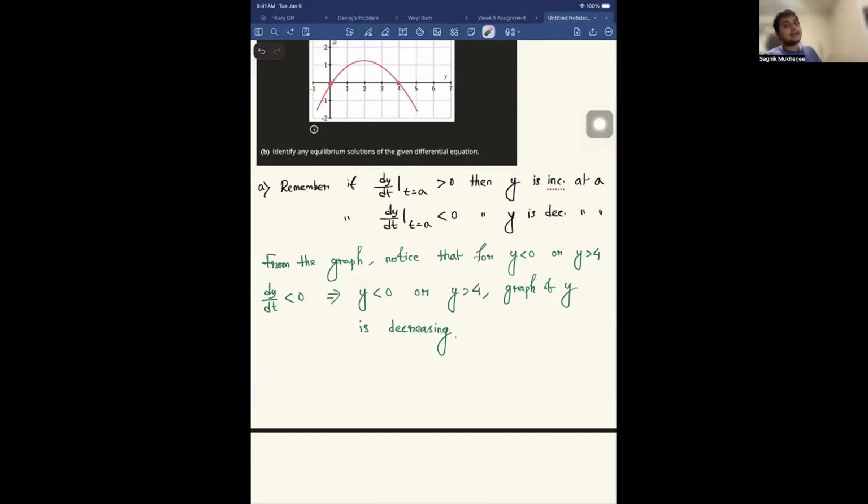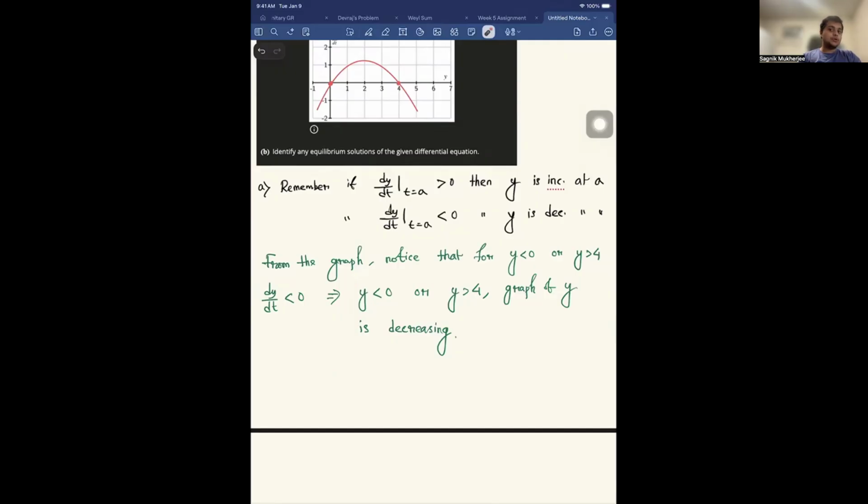So when I say y less than 0, what I'm trying to say here is that the value of the function y is negative. And if the value of the function y is negative, the graph is decreasing. Similarly, if the value of the function y is more than 4, the graph will be increasing. And it is irrespective of what solution to this differential equation you are choosing. So you choose a solution, call it y.